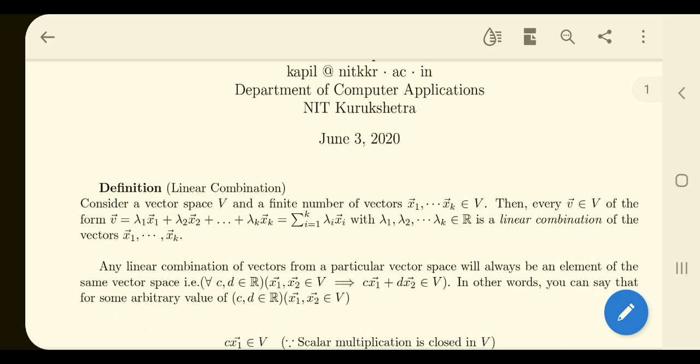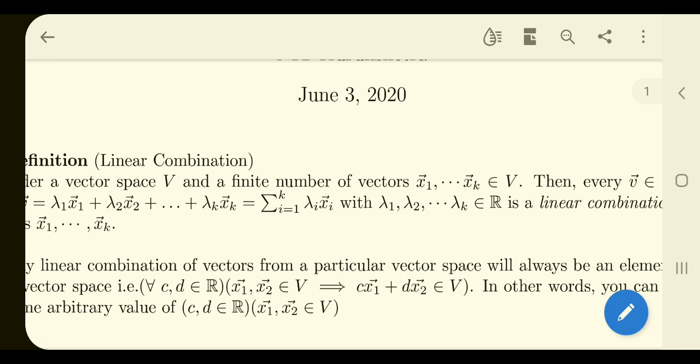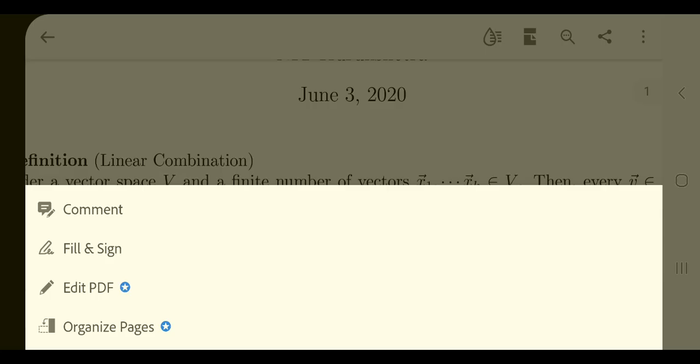So consider a set of vectors containing x1, x2, up to xk.